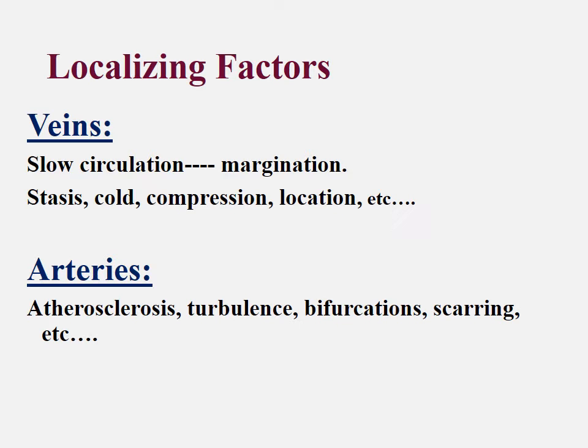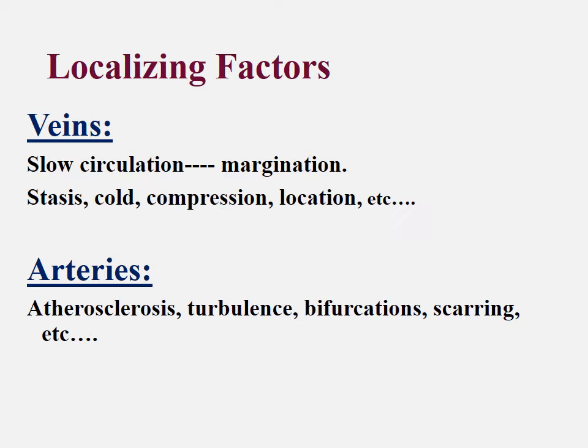When the circulation is slow, the white blood cells pave the endothelium, so they have time to get in attachment to the endothelium and start the reaction. This happens where there is slow circulation, like with stasis, with cold, with compression from belts or such things. Location below the knee, as we said, is always a preferable site because the slow circulation gives time for margination of white blood cells to the endothelial cells.